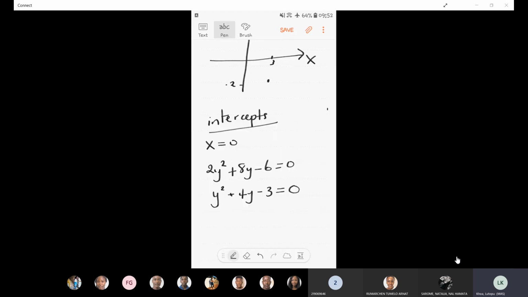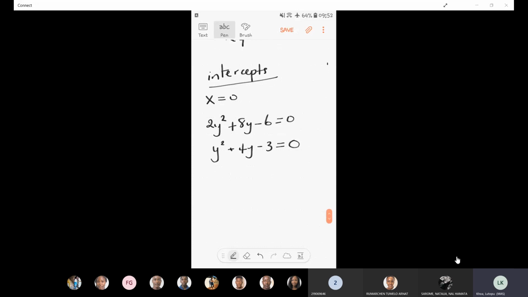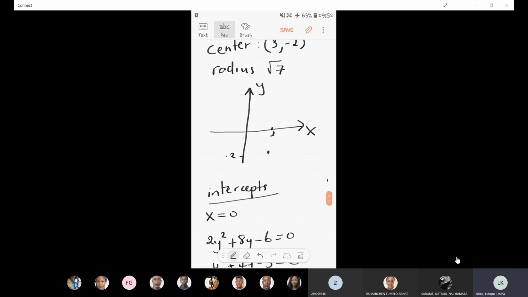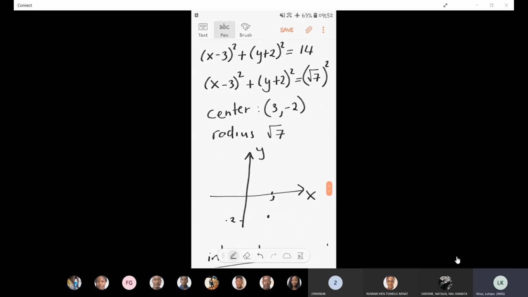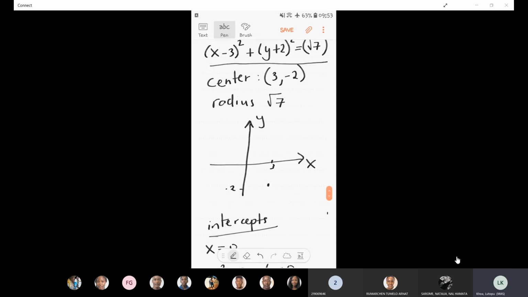So what you do is you can use the quadratic formula, or you can complete the square, which we have done over here. You can substitute x is equal to 0 there, and then you'll get your value of y because we've completed the square for y.